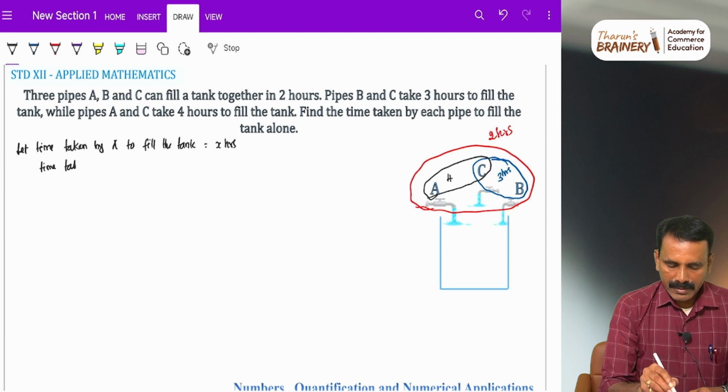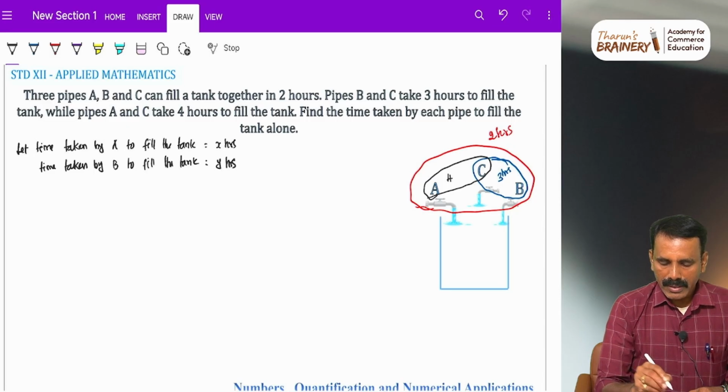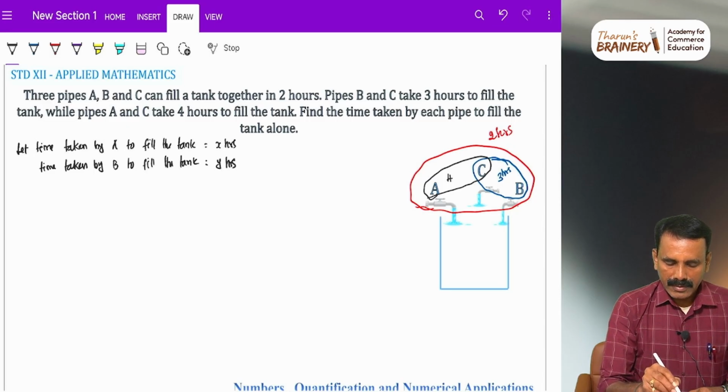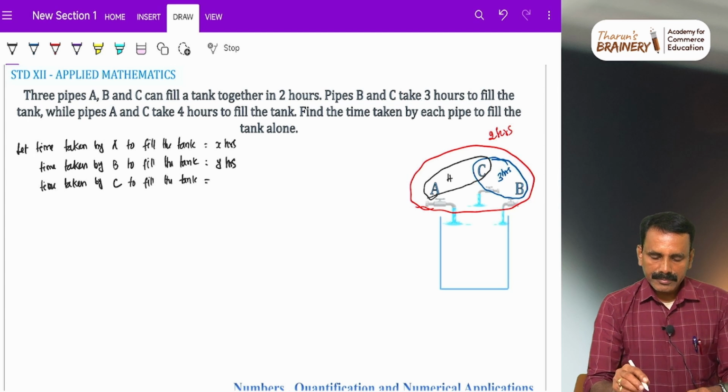Time taken by pipe B to fill the tank is y hours, and time taken by C to fill the tank will be z hours. Okay.